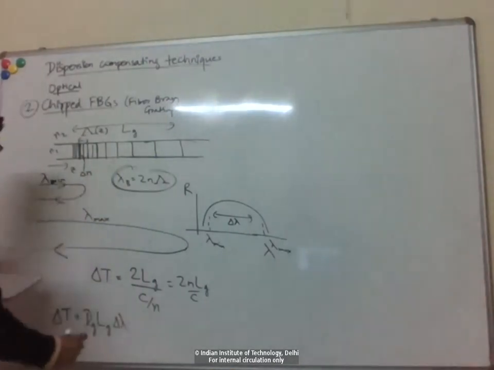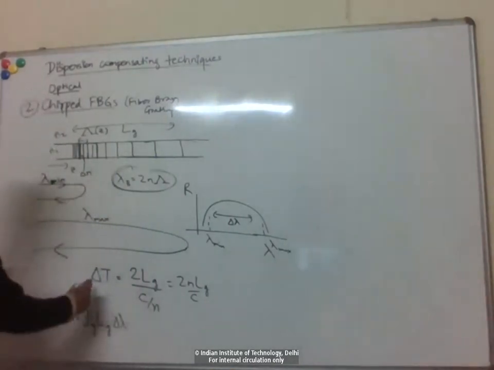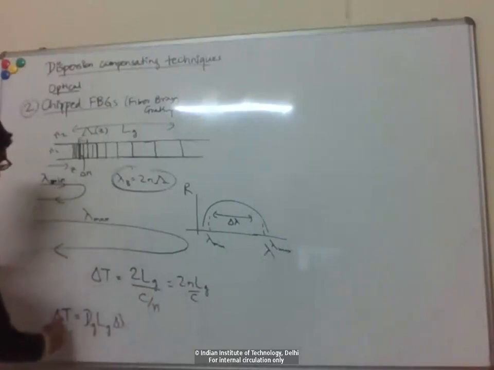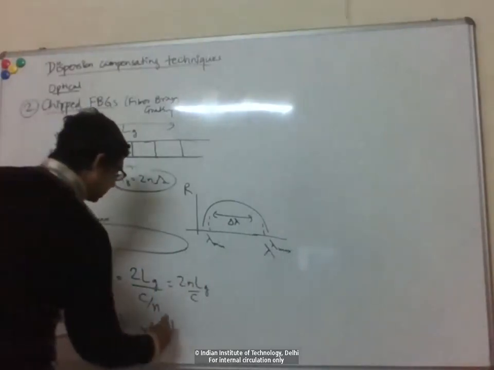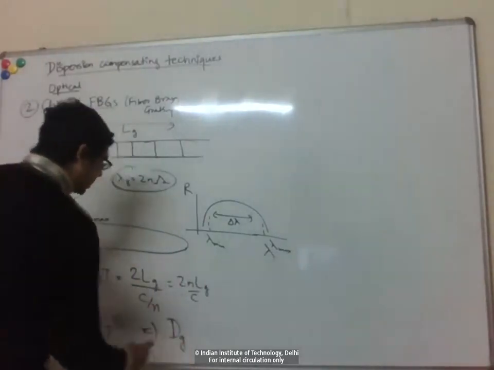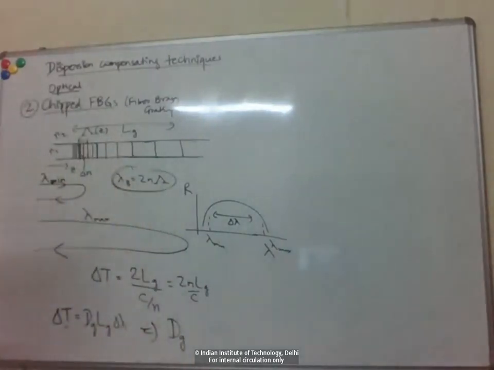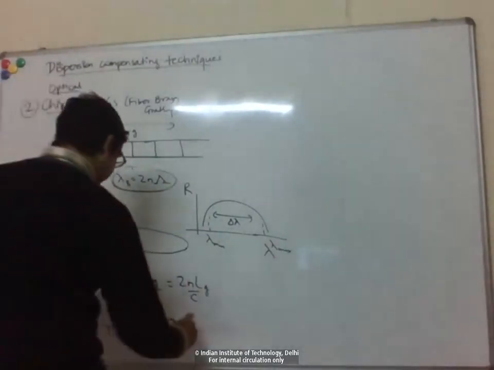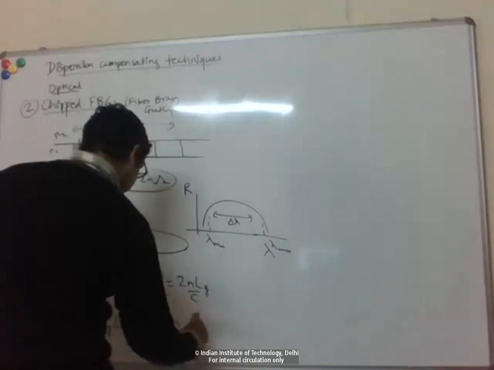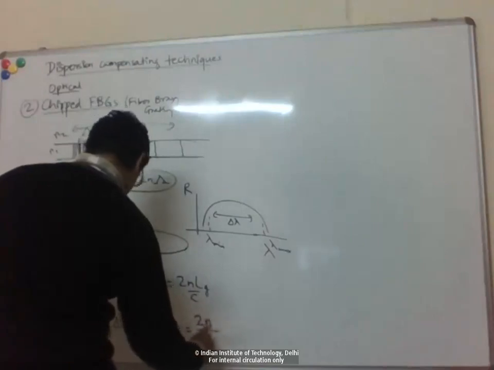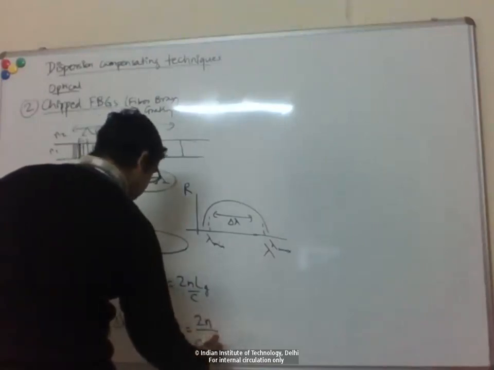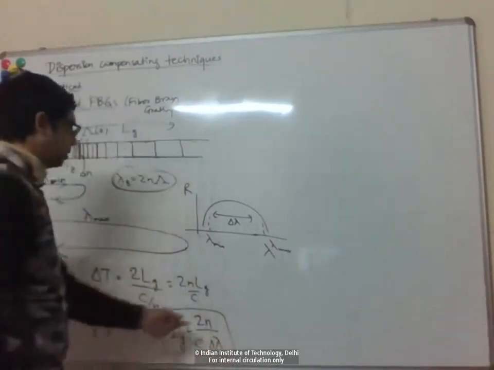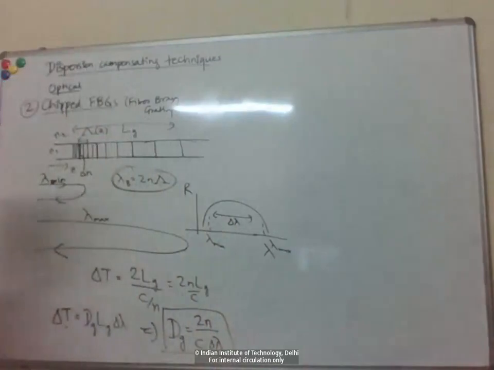And from here, if you substitute this value for delta t, we get an expression for the effective dispersion coefficient of the grating. So that just depends on the refractive index of glass divided by the bandwidth of the grating.